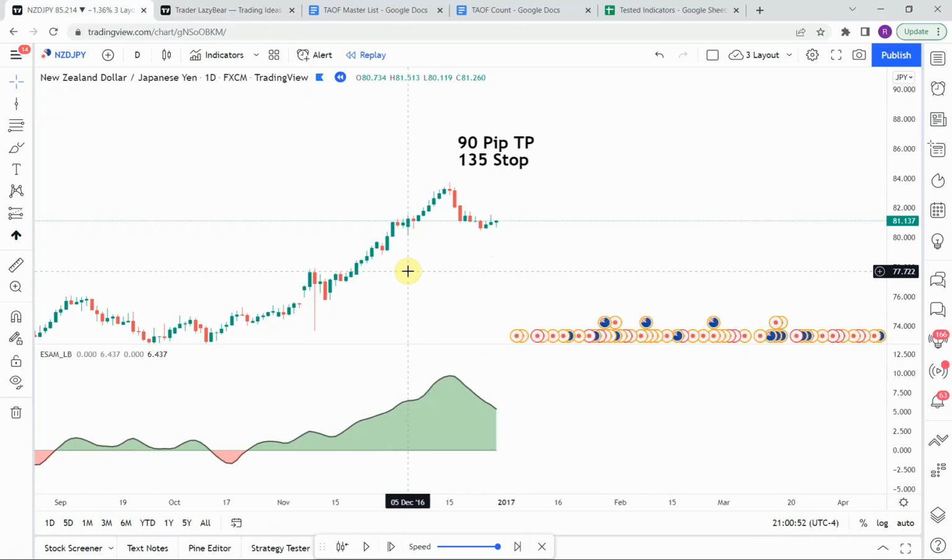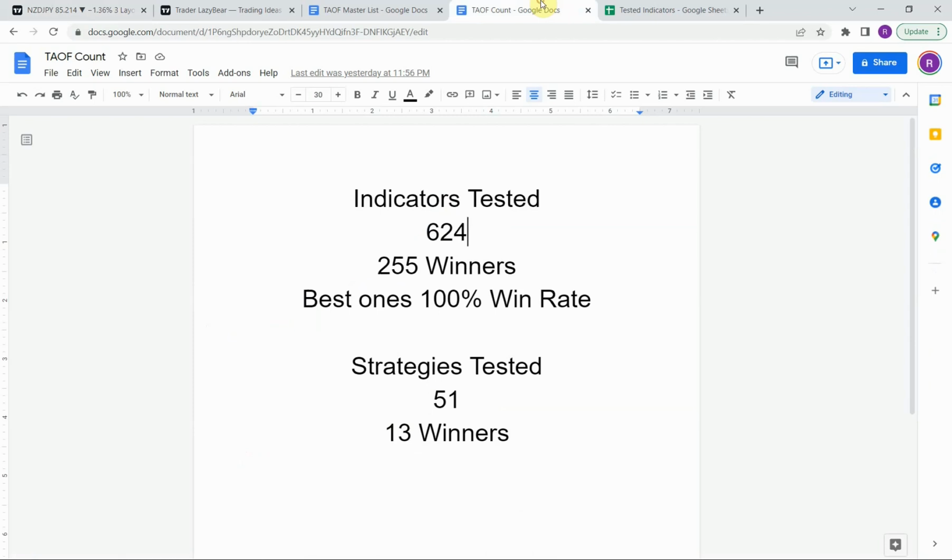Alright, as I said, today we will be testing Ehlers Smooth Adaptive Momentum Indicator. Before we do though, I wanted to put the testing scoreboard up for everyone to see. So to date, we have tested a total of 51 different strategies, with 13 of them being profitable. We have also tested a total of 624 indicators, with 255 of them being winners.